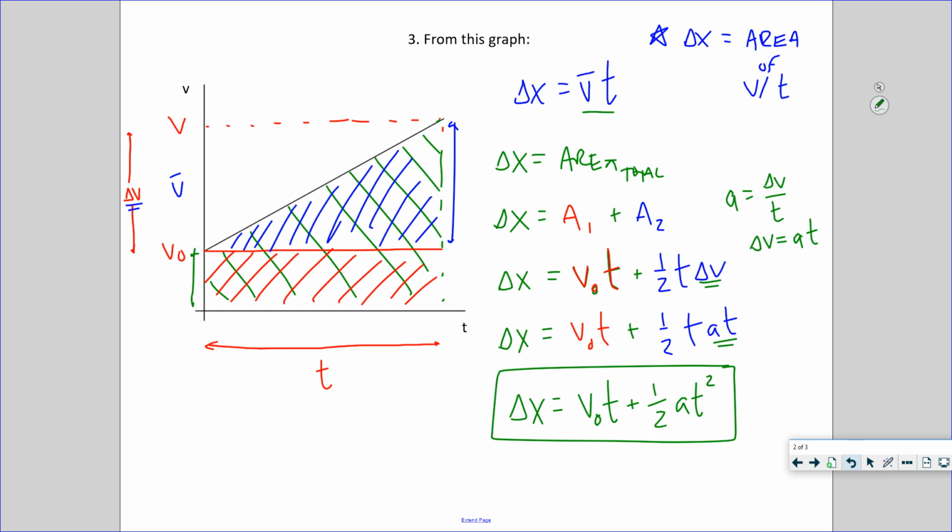And we'll talk about intricacies of those specifically, really important. Delta x is a vector. V naught is a vector. A is a vector. And those things play very importantly into problem solving when direction has to be accounted for. If something is, say, initially moving to the right but accelerating to the left, well, one of these terms, either acceleration or velocity, better be negative, right?